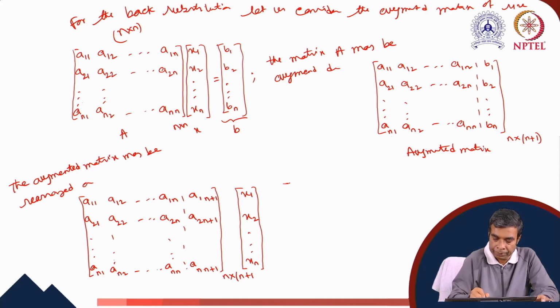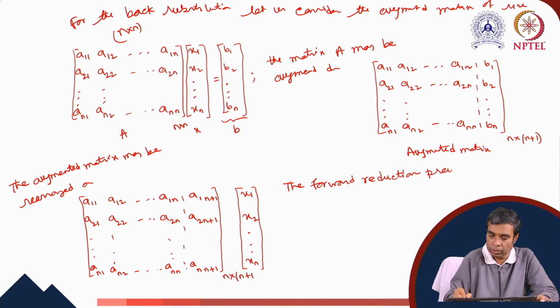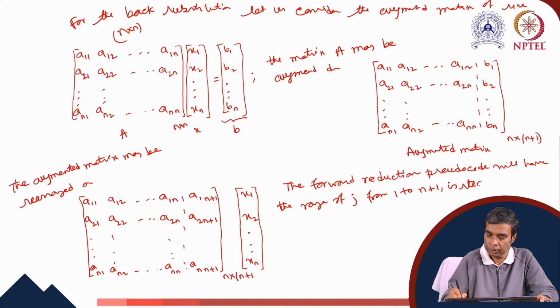With this, the forward reduction pseudocode will have the range of j from 1 to n plus 1 instead of 1 to n.